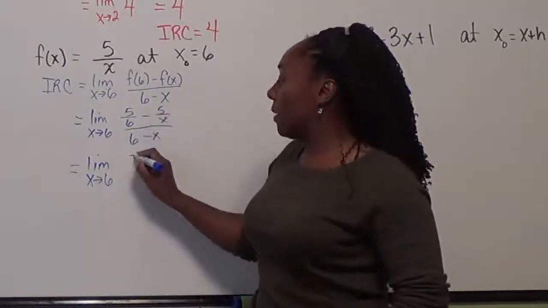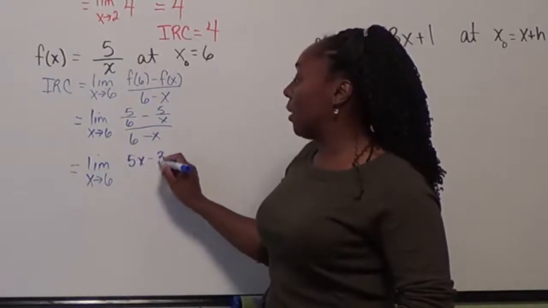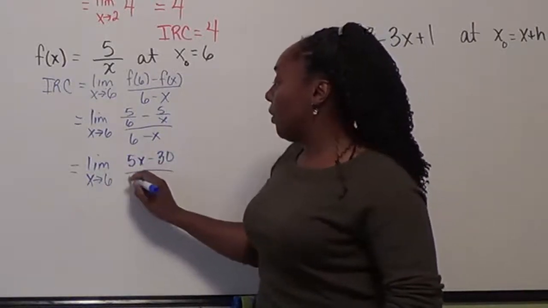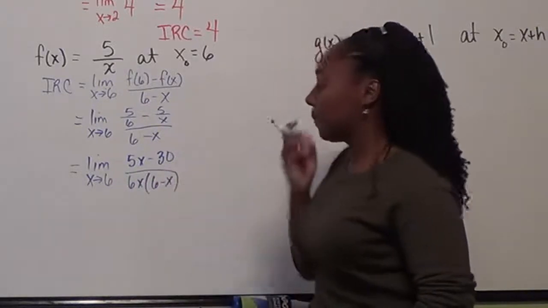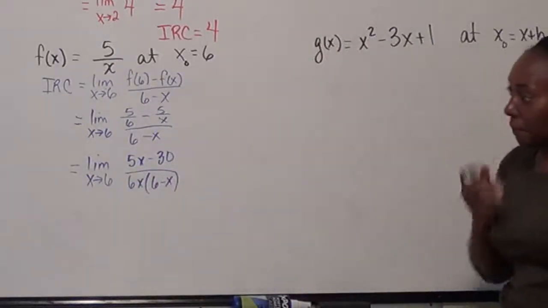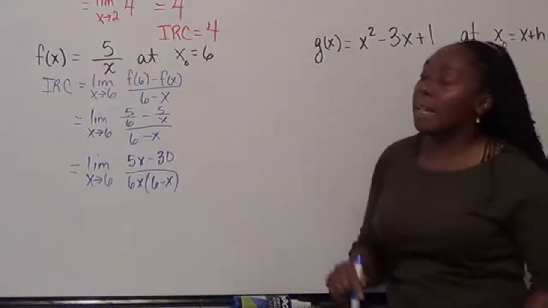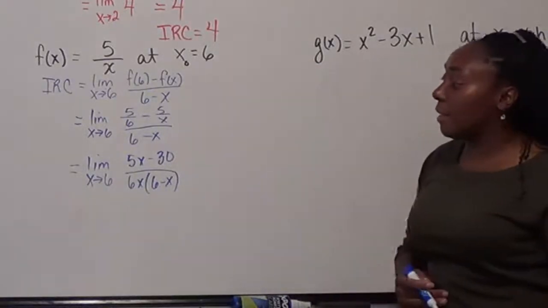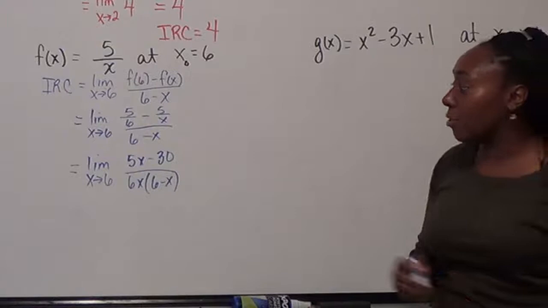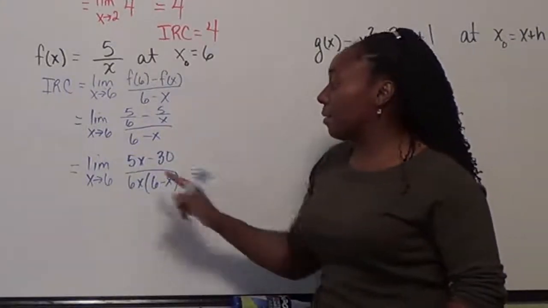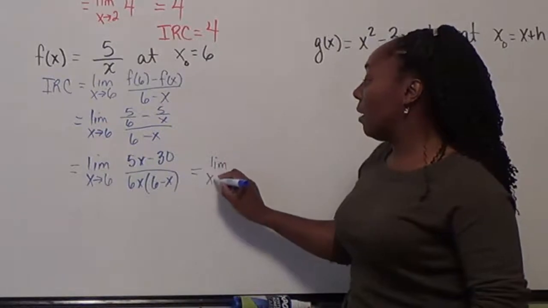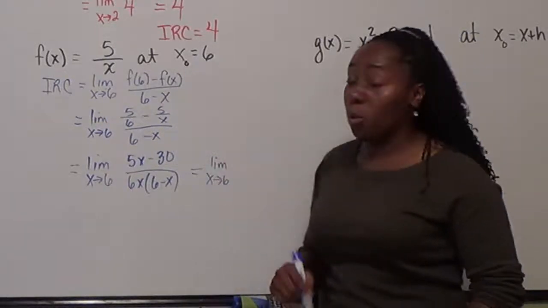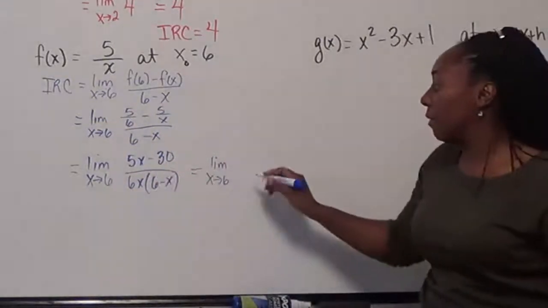Cross multiplying says 5x minus 30 over 6x times 6 minus x. Just like in the last case, we see that the numerator can be factored. We can pull a 5 out of there. More importantly, I can pull a negative 5 out.